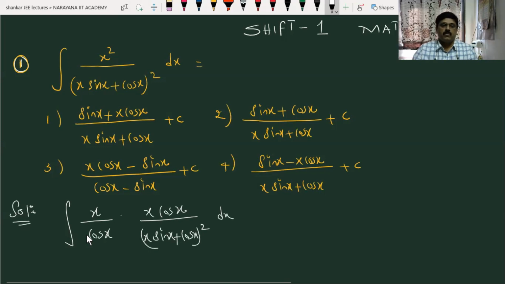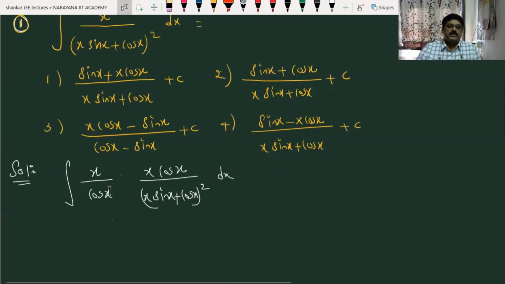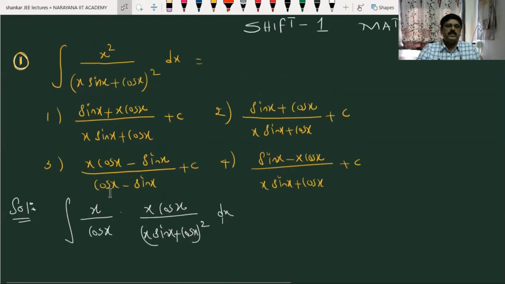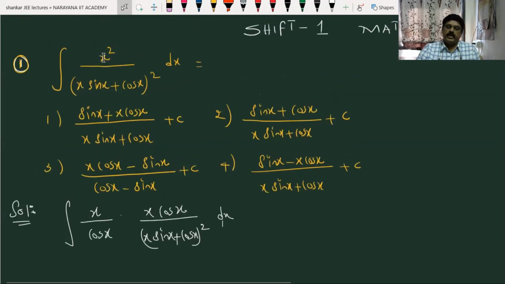Okay, students, what I have done is just multiplied and divided by cos x. This x square I have written as x into x. This (x sin x plus cos x) whole square I have kept in the denominator of the second function. Now for me this is the first function and this is the second function. Why have I taken x cos x here?